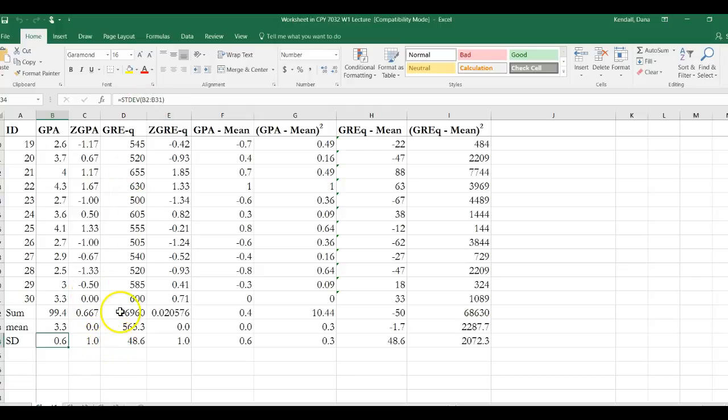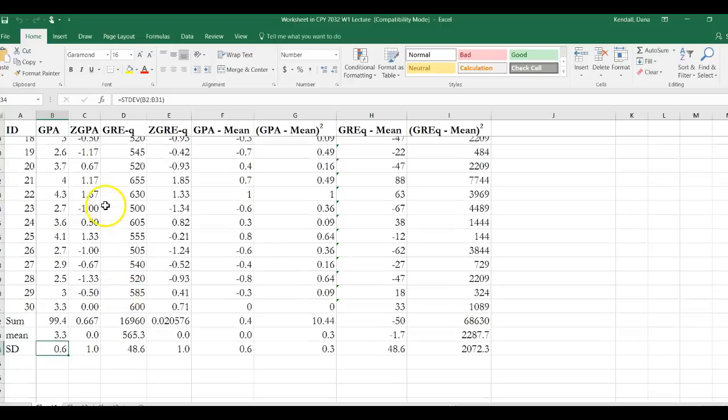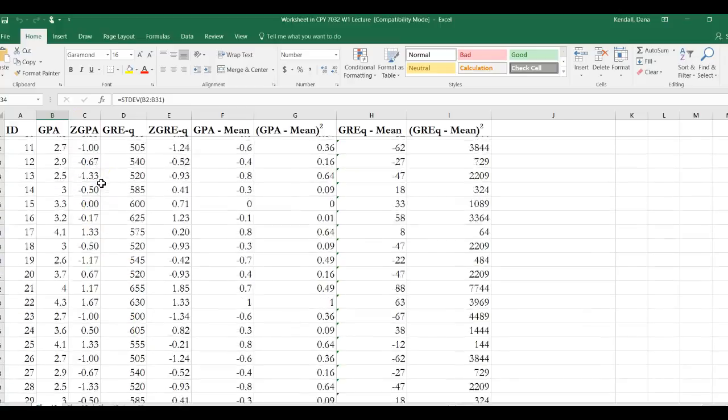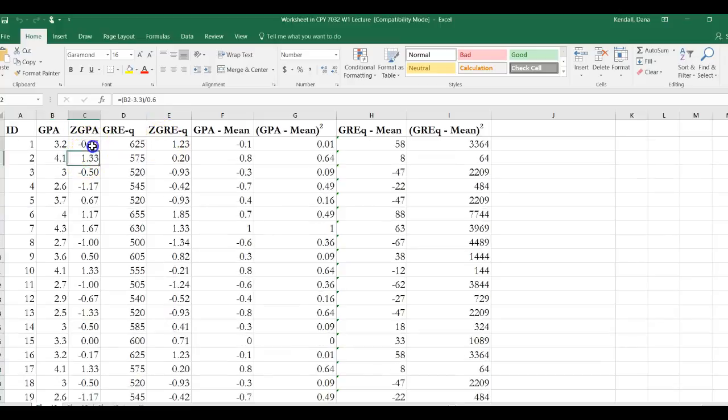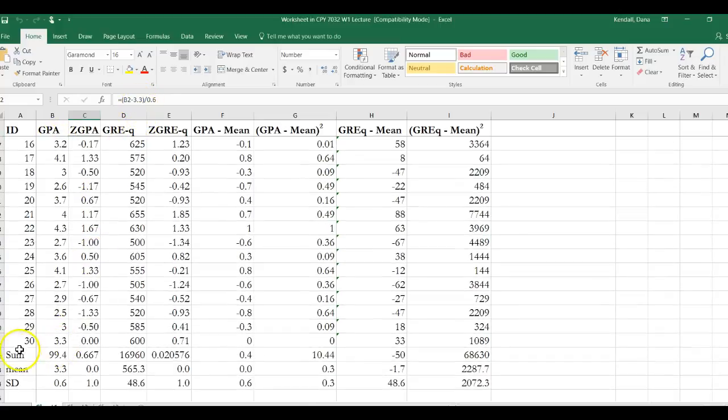And the main idea that I want us to pull out, one more thing before I go there. The z-scores are calculated with the formula, as you can see. This is just the raw data point given in B2. So this is the raw GPA. Subtract off 3.3, which is the mean that was calculated down here with average.